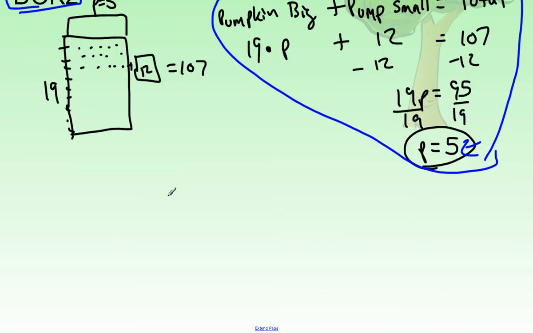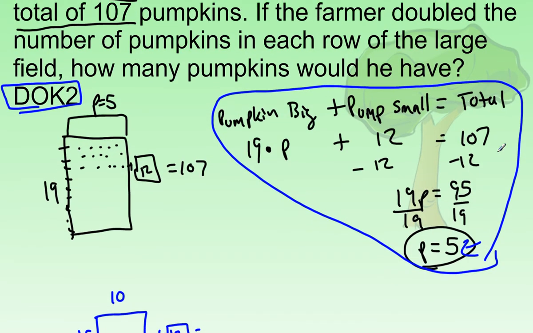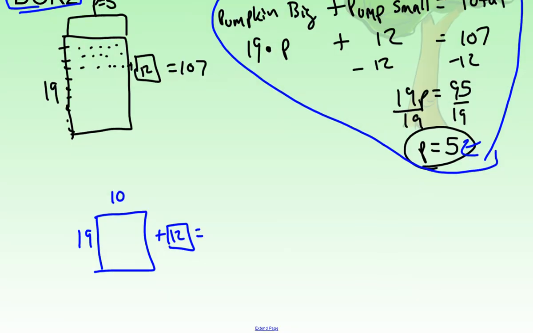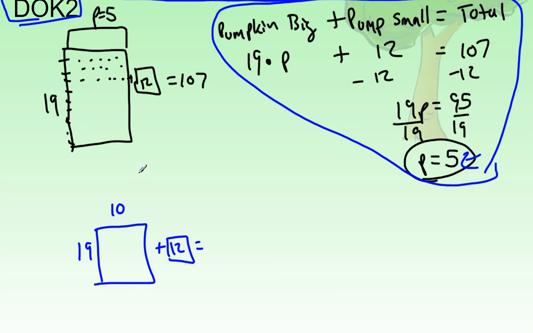So if we double that, now there are 10 pumpkins in each row, plus the little side field of 12. The question's asking, how many pumpkins would he have? So we had to find the number of pumpkins in each row in order to continue the problem.